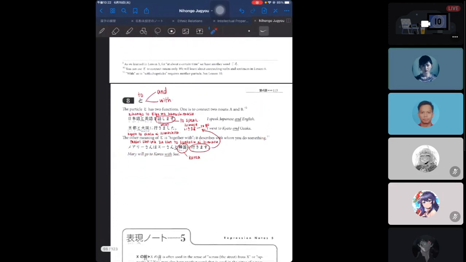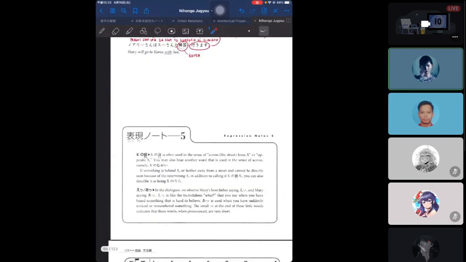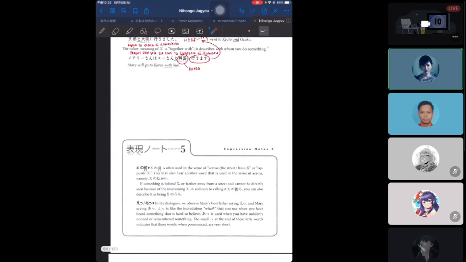Okay, and we go to the last part, which is 表現ノート. It means expression notes. 表現 is expression, and of course ノート is the katakana of "note".